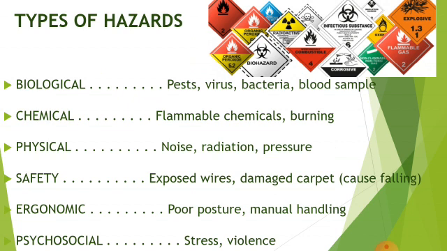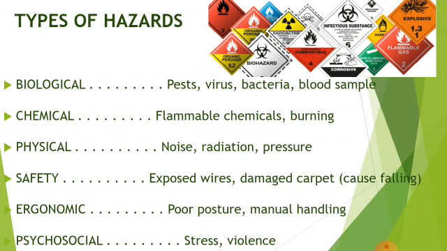They are due to the viruses, bacteria, pests. We know that pests are the harmful substances which harm the crops. So biological hazards include viruses, bacteria, even the blood sample. If in an experiment, blood sample is taken, that blood is also hazardous. It's a biological hazard.